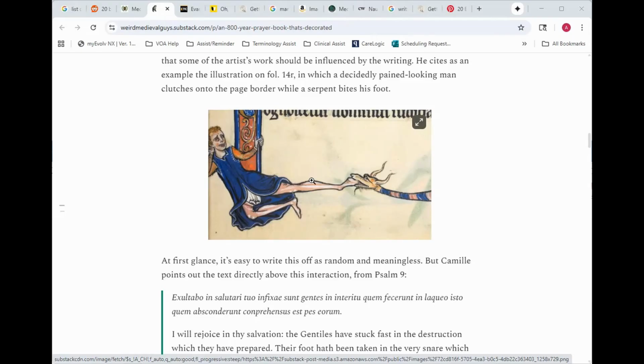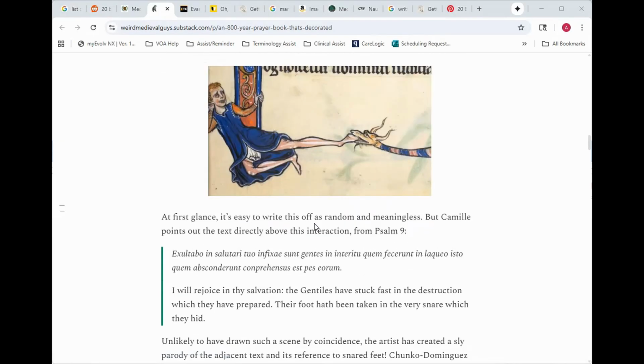This is one that they describe here, that this is one of the ones that fits in my category of meaningful. And that is because it relates to the verse, "The Gentiles have stuck fast in the destruction which they have prepared. Their foot hath been taken in the very snare which they hid."